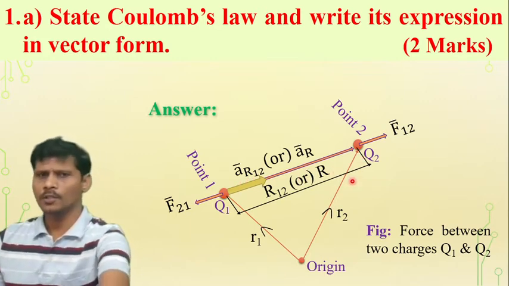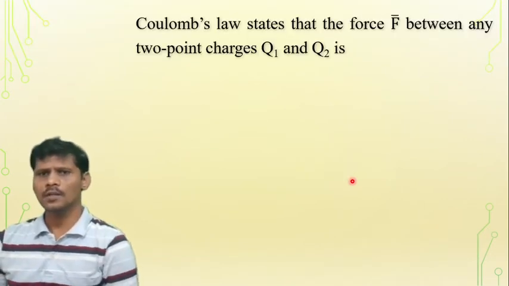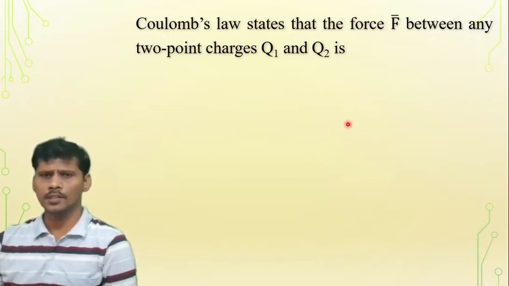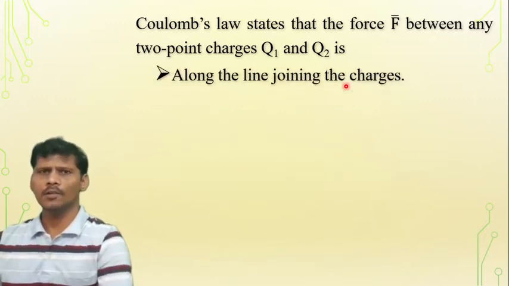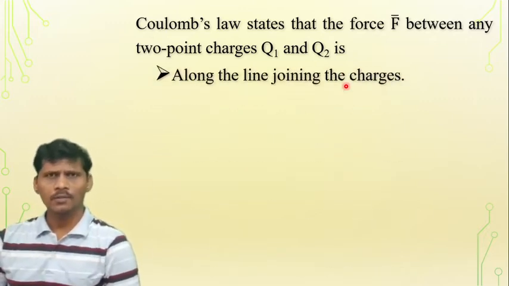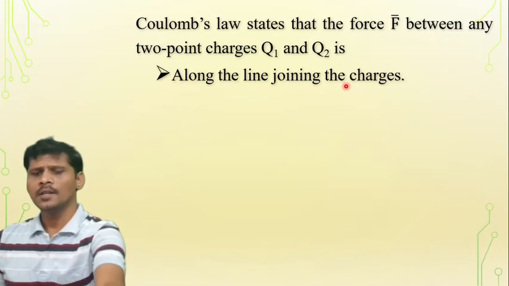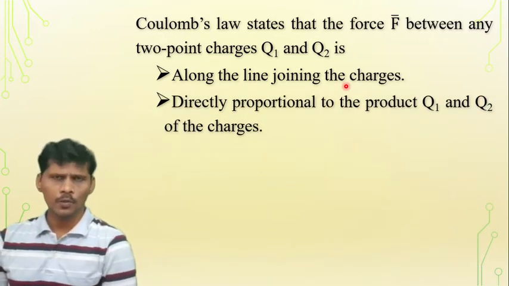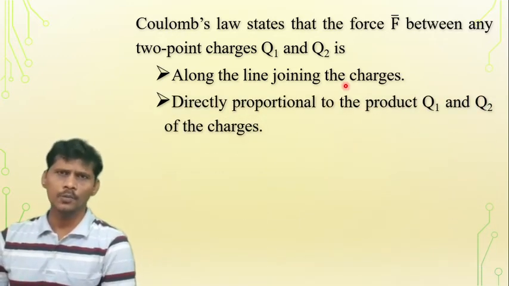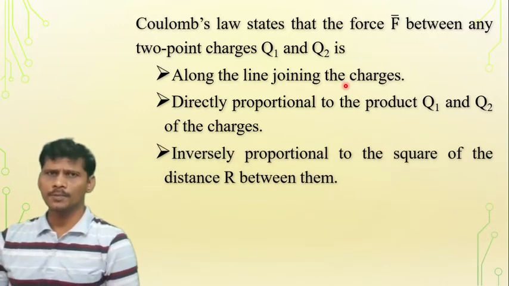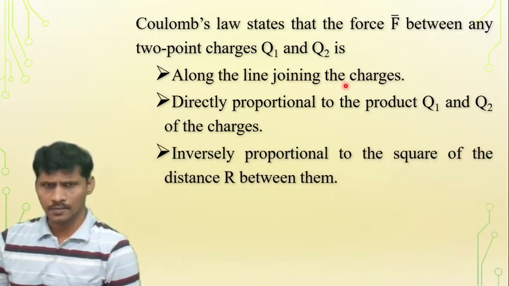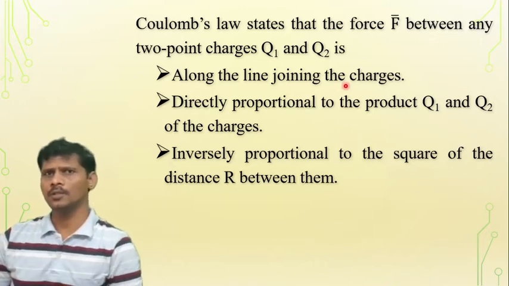Now coming to the definition, Coulomb's law states that the force F bar between any two point charges Q1 and Q2 acts along the line joining the charges, is directly proportional to the product of the charges Q1 and Q2, and inversely proportional to the square of the distance between these two charges.